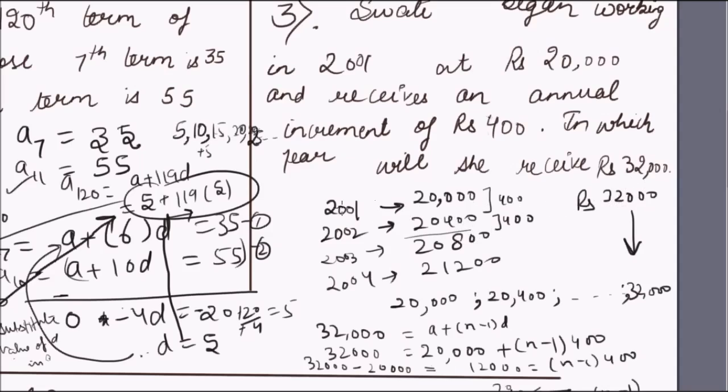Now at first place the year is 2001, at second place the year is 2002, third place 2003, and fifth place it will be 2005, and at 31st place it will be 2031. So in this particular year, 2031, Swati will be receiving rupees 32,000.